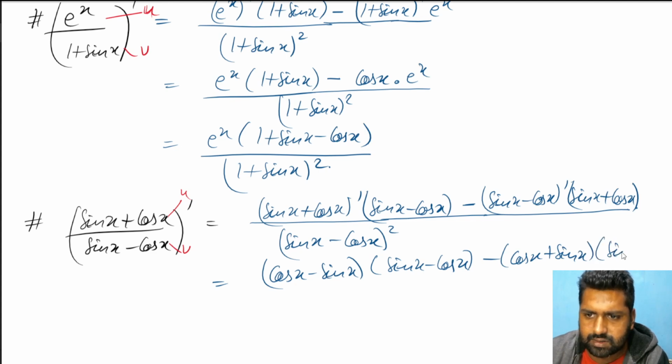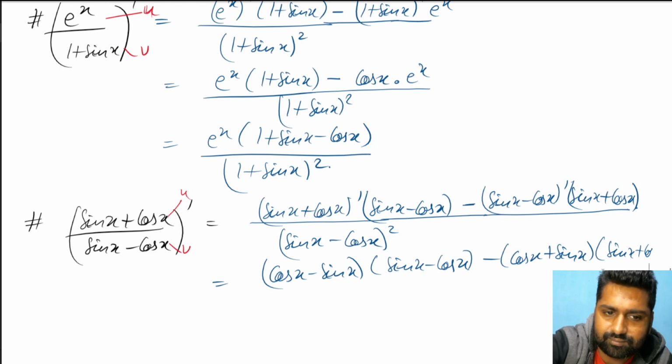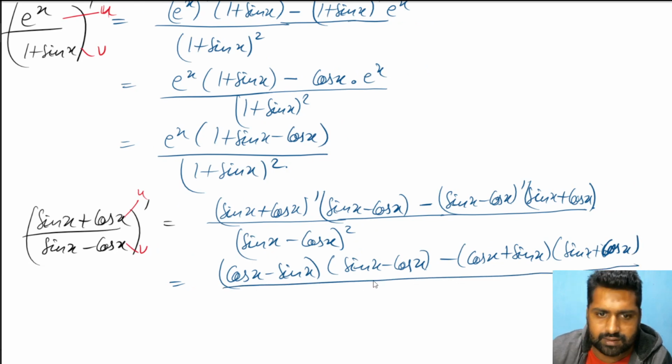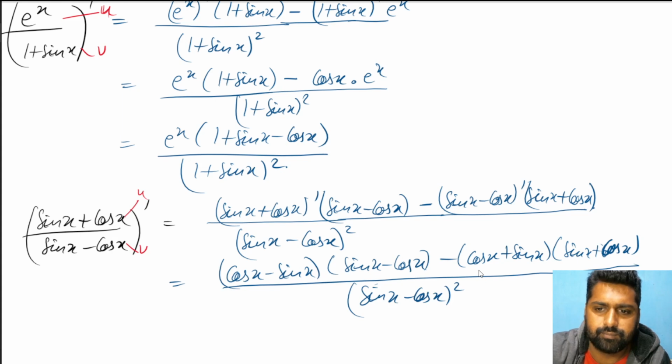This is sin x plus cos x. We need much more space here. Denominator is sin x minus cos x whole square.